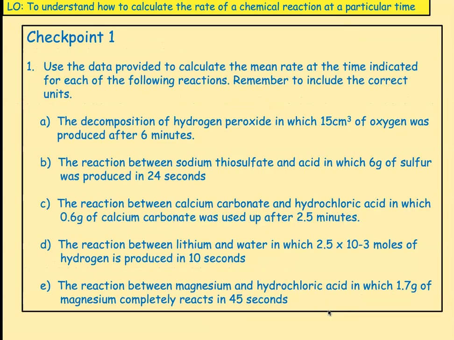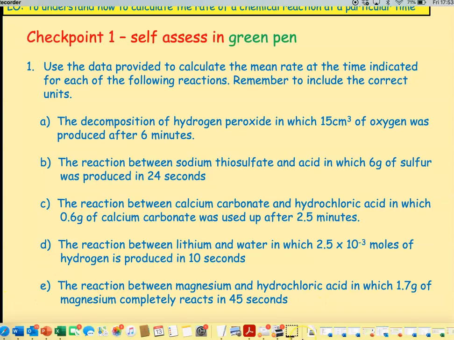Now I'm going to ask you in a minute to tackle these 5 questions and then when you have paused the video and you have done the reactions, come back and we'll go through them together. Okay, the first question asks us the rate of reaction where we're producing 15 centimetres cubed of oxygen in 6 minutes.